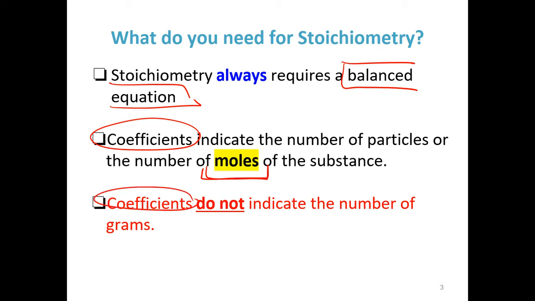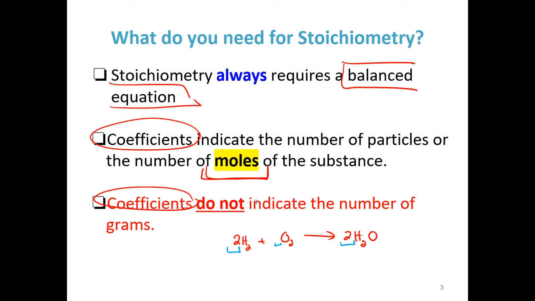Coefficients do not indicate the number of grams. So let's say in the previous one I had 2H2 plus O2 goes to 2H2O. These are coefficients, right? These are my coefficients. There's a 1 here, and these can be read as 2 moles of hydrogen, 1 mole of oxygen, 2 moles of water, but these can never be read as 2 grams, okay?